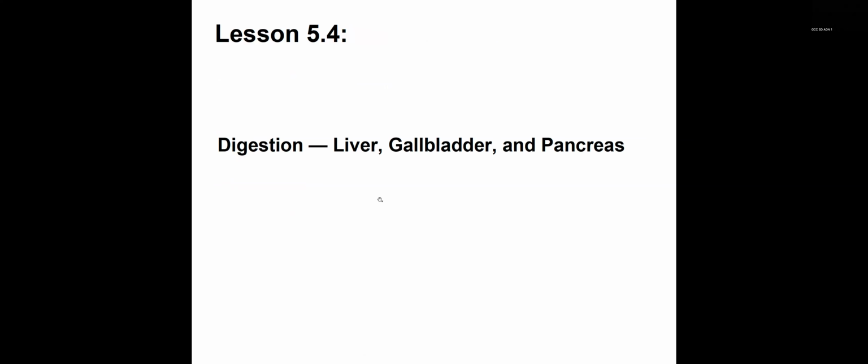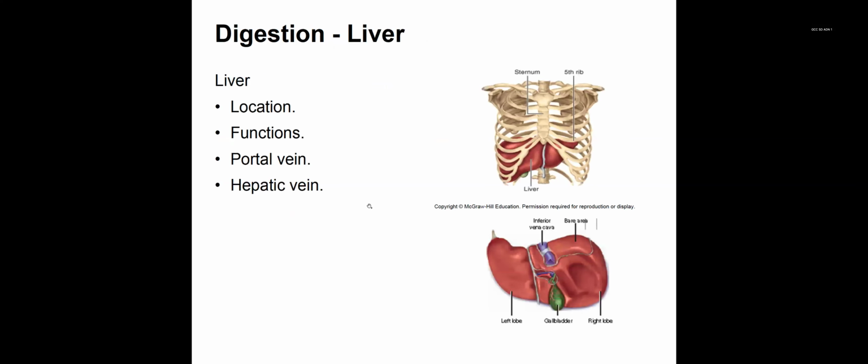Digestion here. Let's look at the liver, gallbladder, and the pancreas. These are the accessory organs, as we mentioned before. So what is the main function of the liver? Liver has a lot of functions. Manufacturing and excreting bile, removing bilirubin from the bloodstream, removing excessive glucose from the blood and storing it as glycogen.